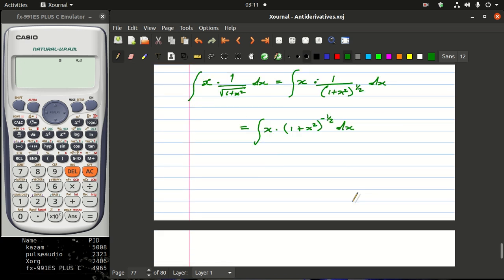Now that I have these things here, I want us to realize something. I know how to take the antiderivative of this one here, so I am sorted when it comes to this one.